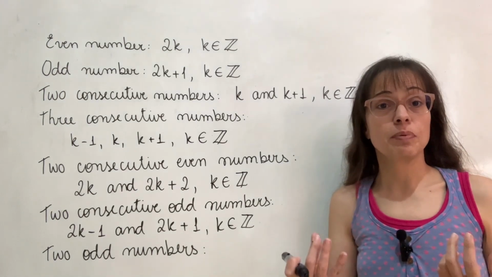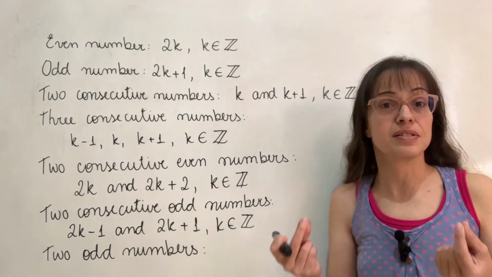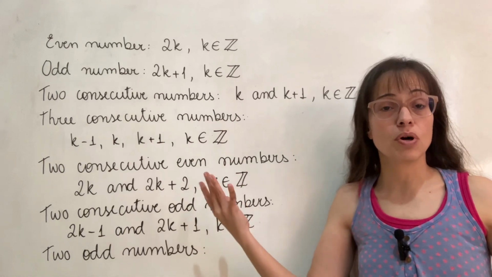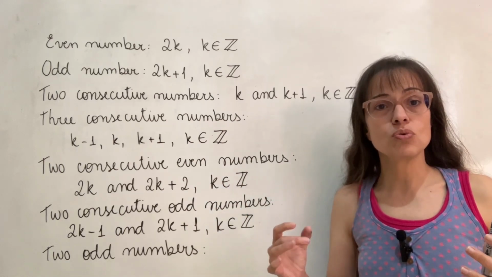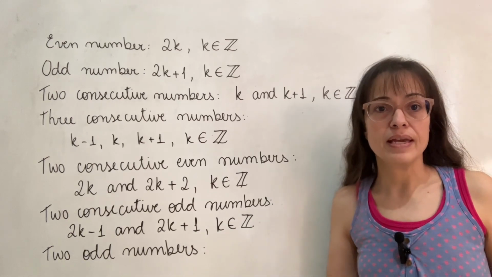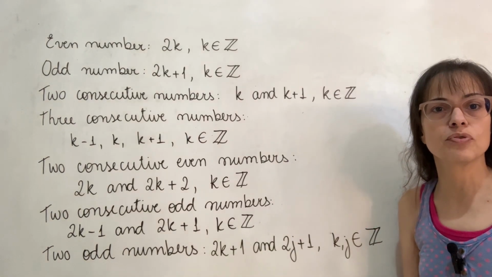But when you say 2k plus 1 and 2k plus 7, that's exactly what you're doing. You're specifying that the distance is always 6. So if you want more generality here, just any two odd numbers, there is no way to do that besides using one more letter. They can't both be k. So something like 2k plus 1 and 2j plus 1, a completely different letter.